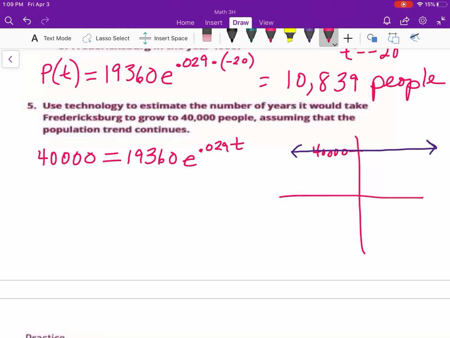It's going to end up doing something like this. And at that intersecting point is where the population will reach 40,000 people, and how many years is down here.